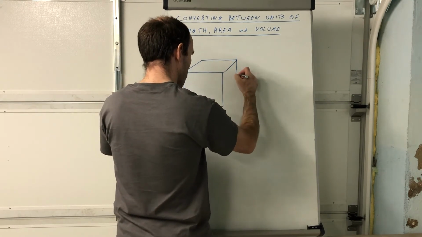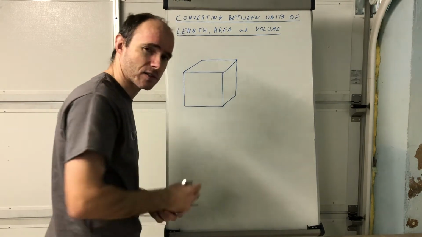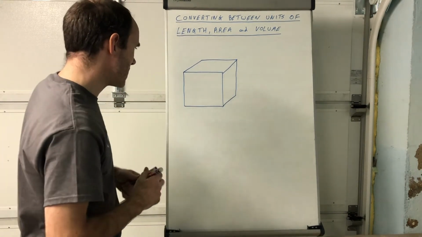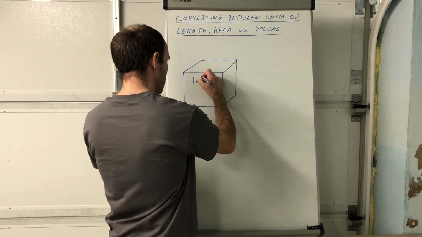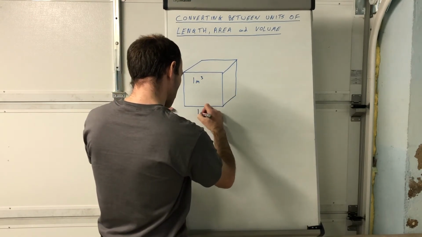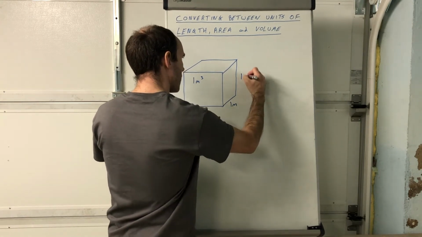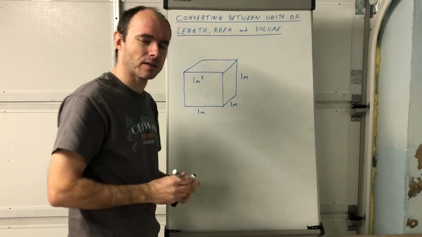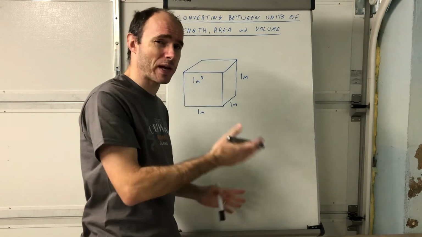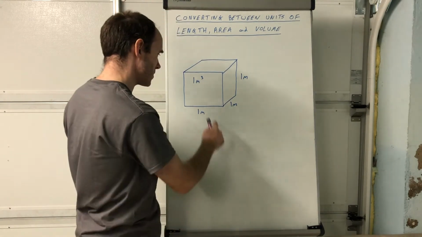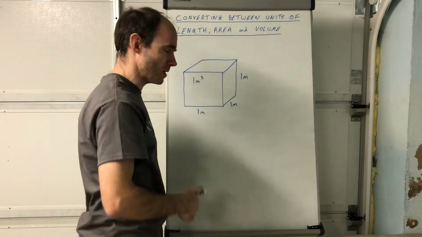Of course, you know what a cube is: all the edges are exactly the same length. Now imagine that is 1 cubic metre, so 1 metre cubed. That means all 3 dimensions are 1 metre. The cube stands for the 3 dimensions, just as the squared stands for the 2 dimensions. So you get 1 times 1 times 1, which is 1. So 1 metre cubed.